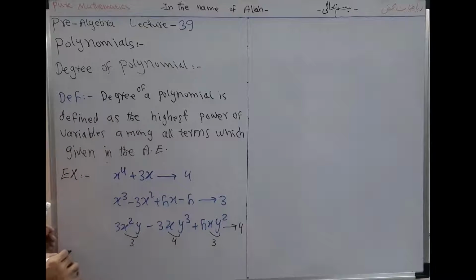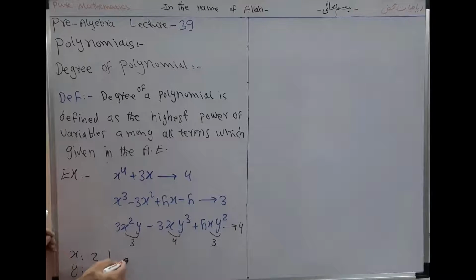From the viewpoint of x, we have x squared, x. This polynomial is degree 2 according to x. According to y, this polynomial is degree 3.